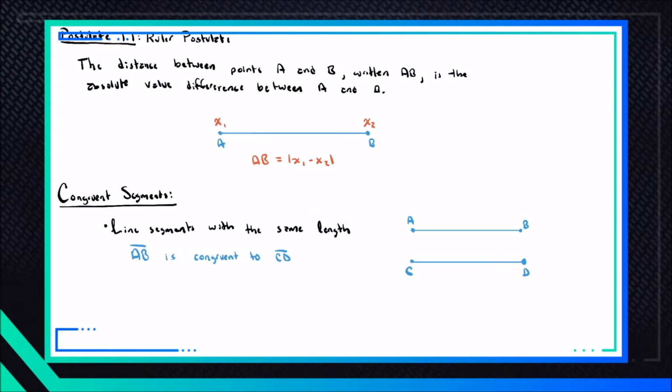And that is really long to write out, so mathematics likes to shorten something, so we use this equal sign in between the two with a squiggly above it. And so we would say AB is congruent to CD. Line segment AB is congruent to line segment CD. So their lengths are equal and the segments are also equal.